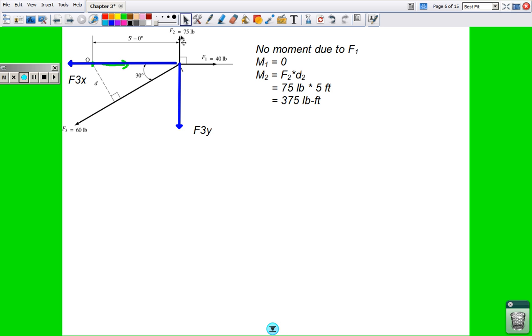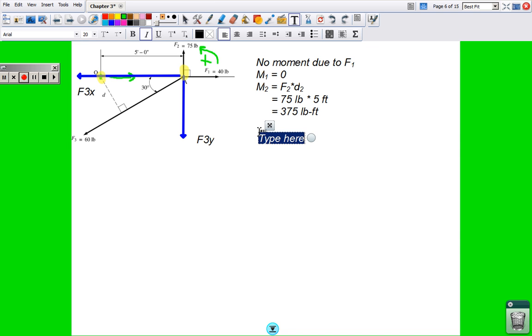If you only consider force 2 acting on point O, if you're pushing here, it's going to rotate around O here, and you're going to tend to have a counterclockwise rotation, and we said that was positive. Alright, so we do have the sign right for moment 2.